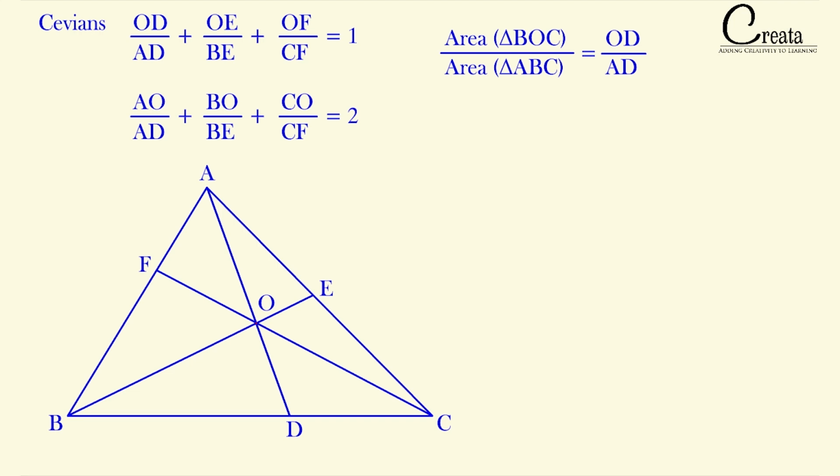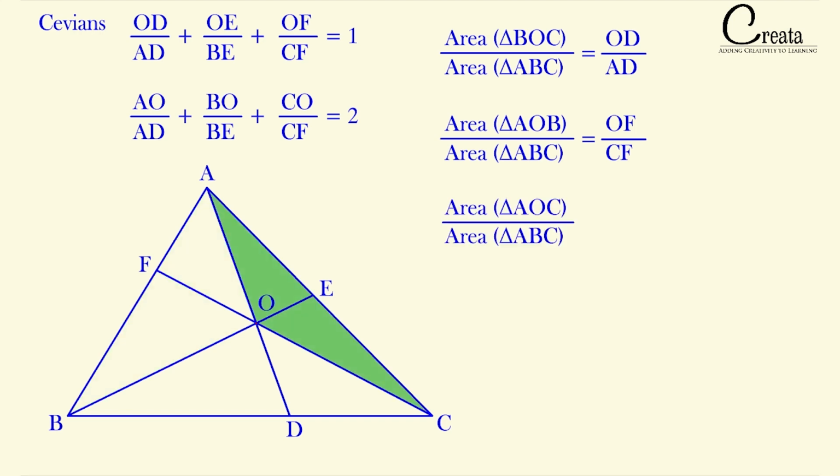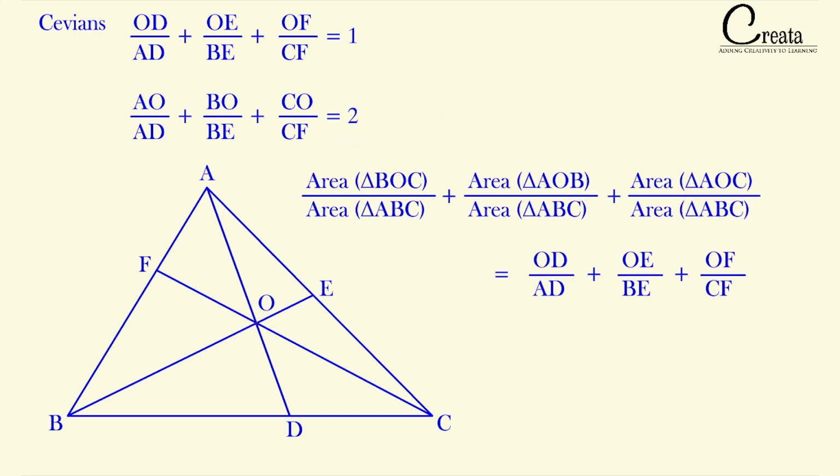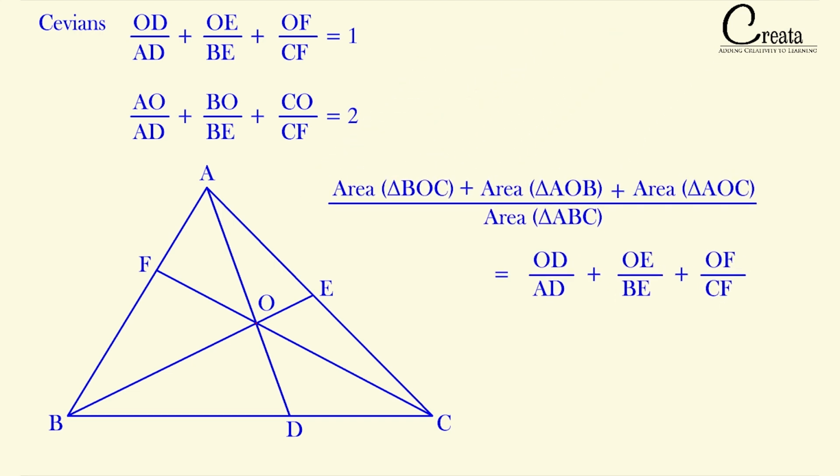Further, in a similar way, can we prove area of triangle AOB upon area of triangle ABC is equal to OF upon CF? Okay, the same fundamental we have applied in these triangles. And also area of triangle AOC upon area of triangle ABC is equal to OE upon BE. We got three equations. Let's add all the three equations. We got this equation.